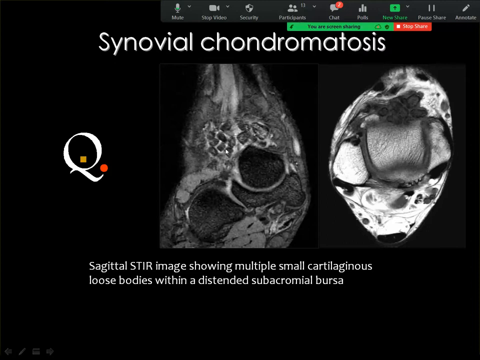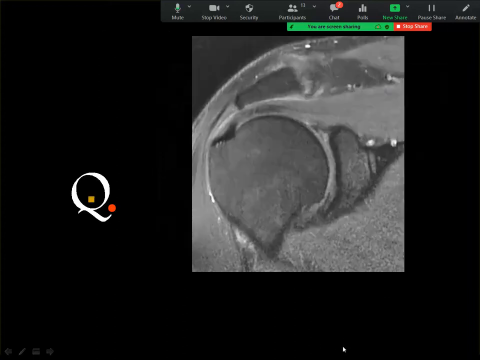The loose bodies are of dark signal in all bulk sequences. Sometimes they contain marrow, especially in the larger bodies. Then the second case.